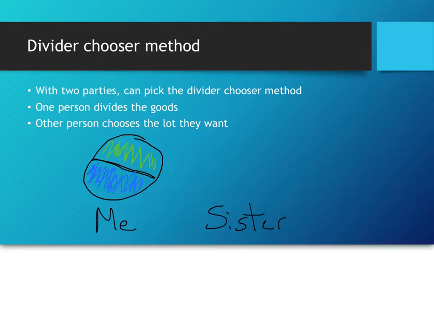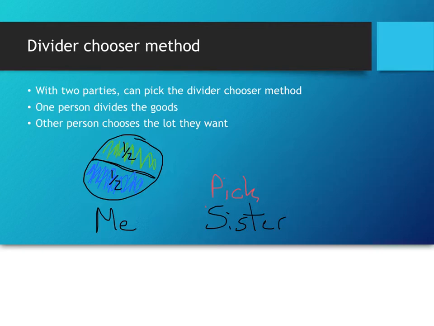So she gets to pick whichever one she wants. And so knowing that this is going to happen, I have a very highly vested interest that in my eyes, this is half and half.